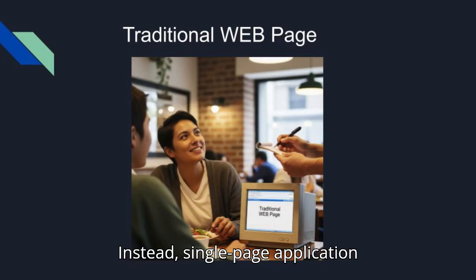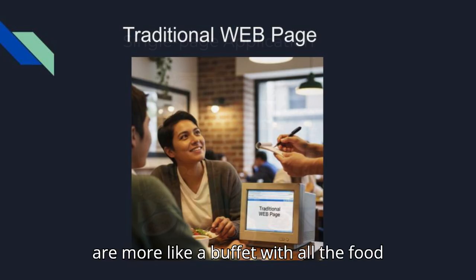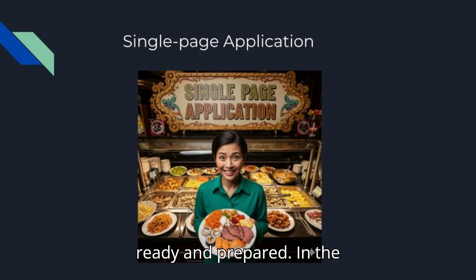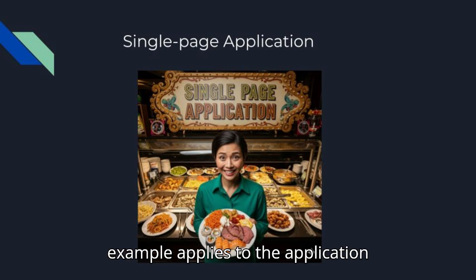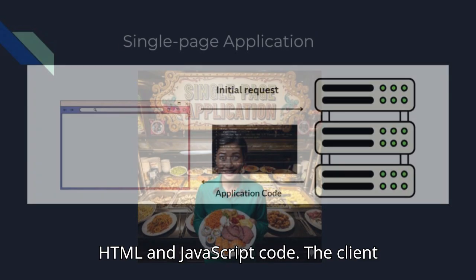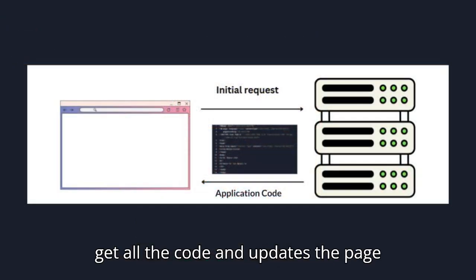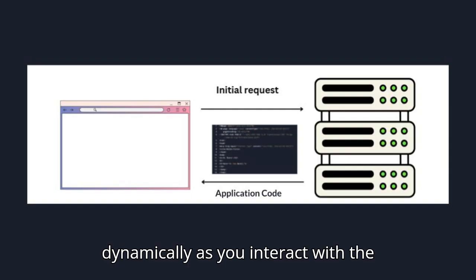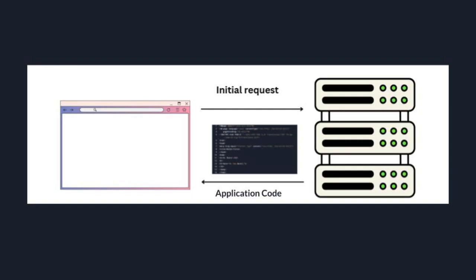Instead, single-page applications are more like a buffet with all the food ready and prepared. In a single-page application, this buffet example applies to the application's HTML and JavaScript code. The client gets all the code and updates the page dynamically as you interact with the application.